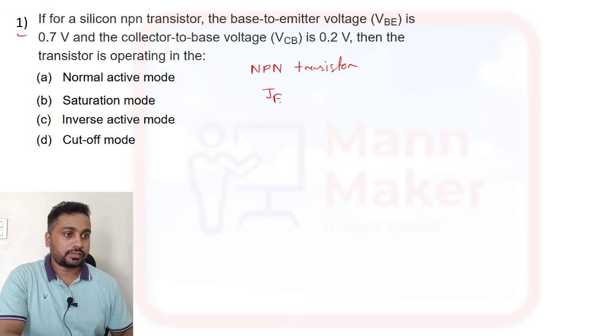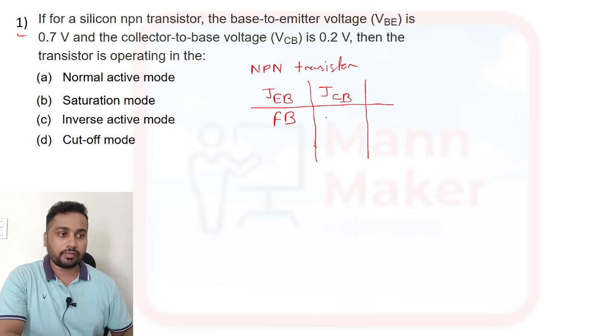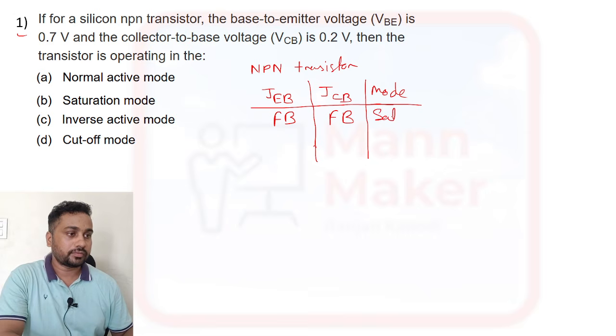When the emitter base junction and the collector base junction are both in forward bias, this transistor mode is called the saturation region.